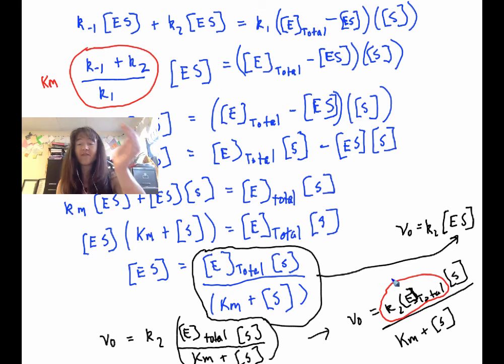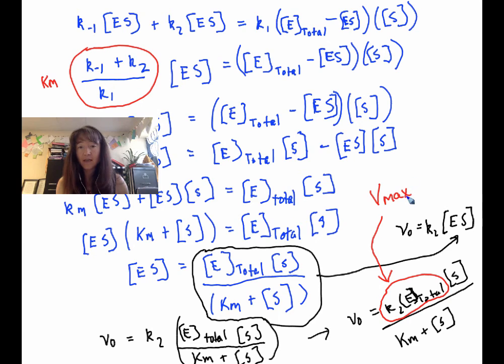So when that function is approaching maximal velocity, essentially we could plug in right there. Remember that what we had written, Vmax equal to k2 times enzyme total.